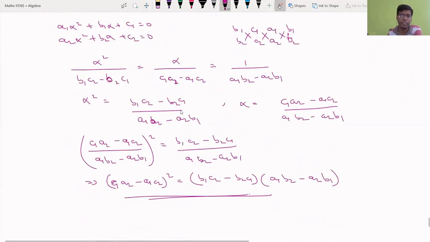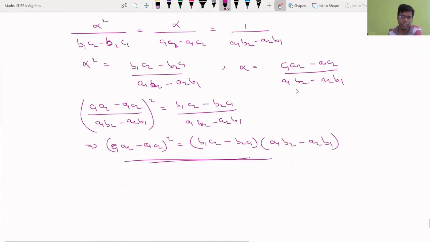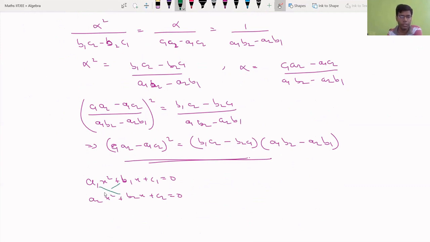Yes, of course, we need not remember or mug up this thing. The easy way to remember this is, suppose I have a1 x square plus b1 x plus c1 is equal to 0, a2 x square plus b2 x plus c2 is equal to 0. Then you have to remember like this. So first b1 c2 minus b2 c1.